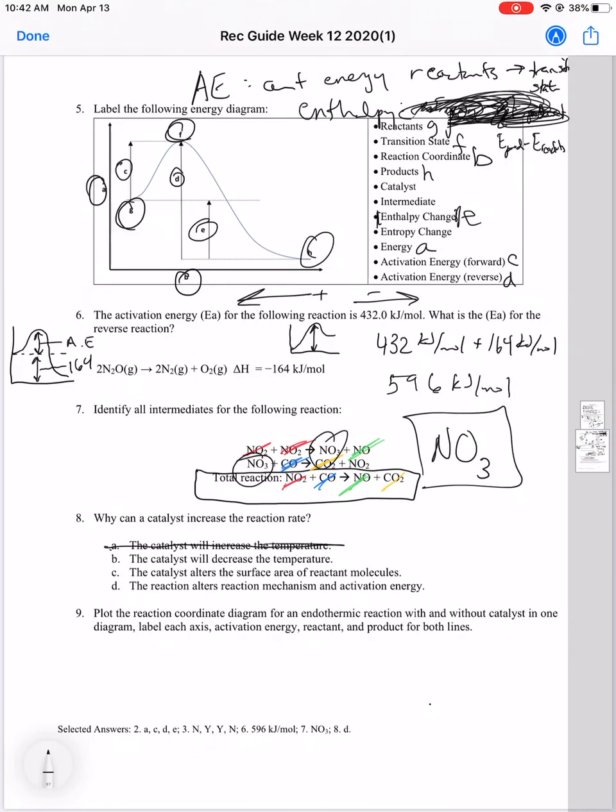Again, a catalyst will decrease the temperature. Well, maybe the door would freeze, which, if you've ever tried to open your car door in the winter, is pretty tough. So if the key made the door freeze, that would be decreasing the rate of reaction, but that's not what a key does. The catalyst alters the surface area of reactant molecules.